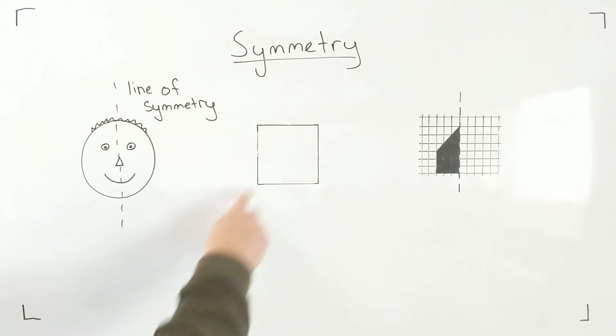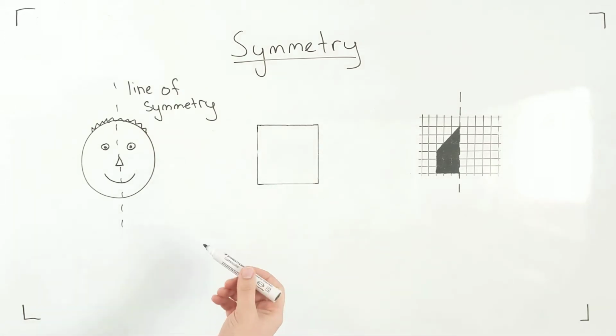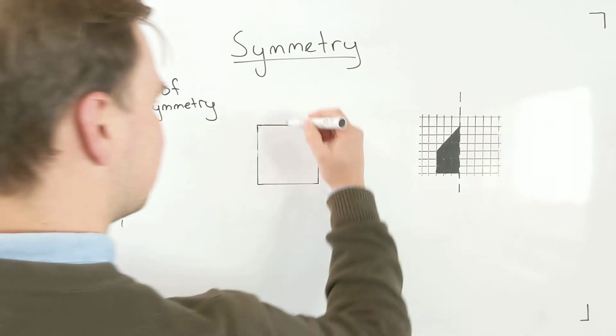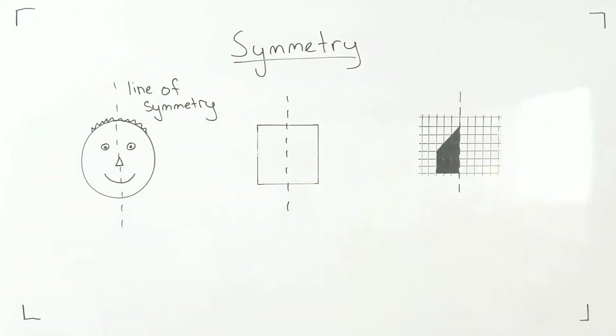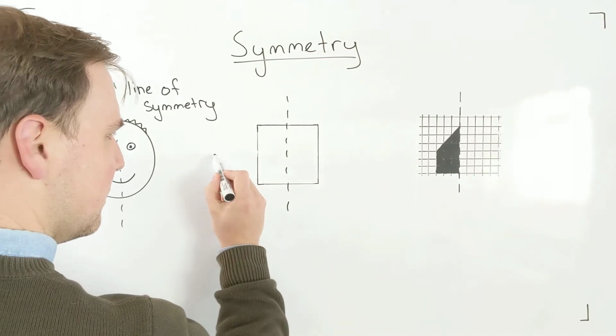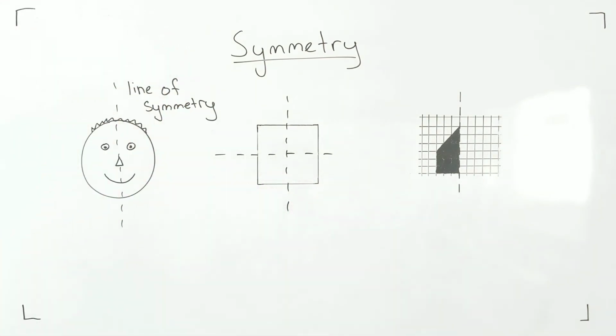For something like this square, I could draw a similar line of symmetry and try and get it down the middle there as a line of symmetry. But because a square is also the same if I turn it over, I could put another line of symmetry here. And if I folded it that way, it's also symmetrical.